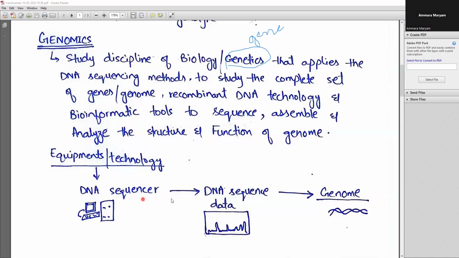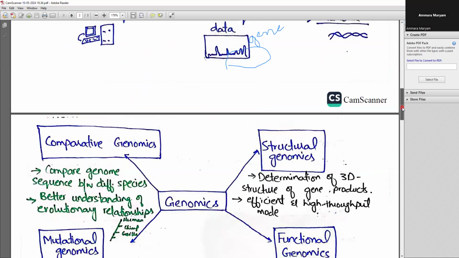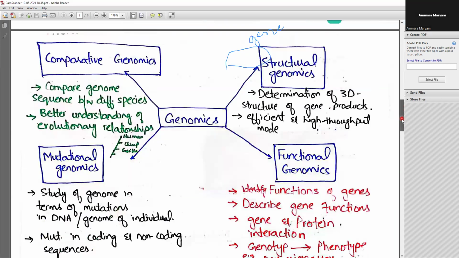Then this sequencer will give us the sequence data. फिर उस डेटा को हम जब प्रॉपरली एनालाइज करेंगे थ्रू द यूज ऑफ डिफरेंट सॉफ्टवेयर्स एंड टूल्स, and then we get all the information regarding genome. So this comes under the category of genomics.